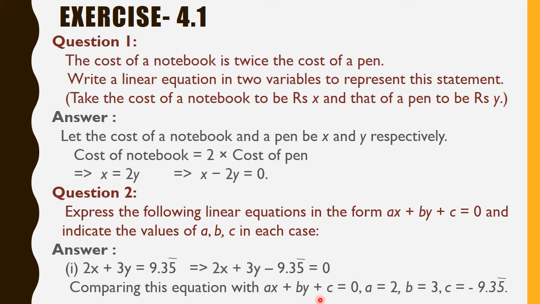Now let's compare it with the linear equation, and we will get the value of a as 2, value of b as 3 and the value of c as minus 9.35 bar. Always keep in mind that the constants or coefficients are values along with the signs.